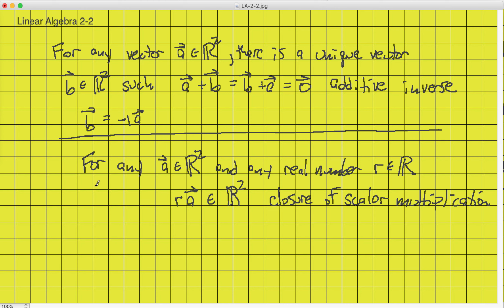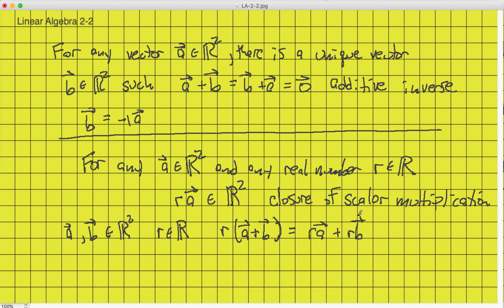And there is just one more thing to say here. For any A and B contained in R squared and any scalar r contained in R, we have that r times (A plus B) is equal to rA plus rB.